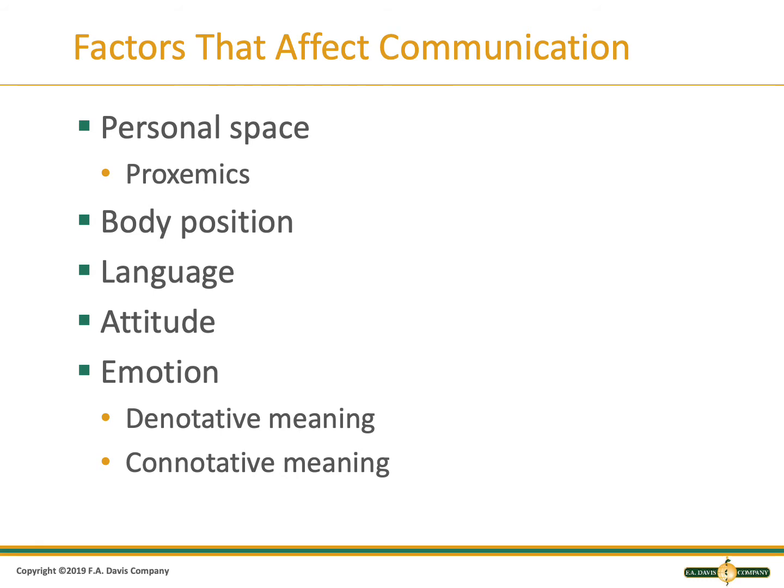And there are some words that have a positive connotation, others that have a negative connotation. An example of a positive connotation word would be courageous. And a negative connotation word might be nosy or conceited.